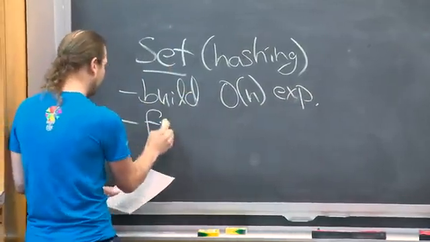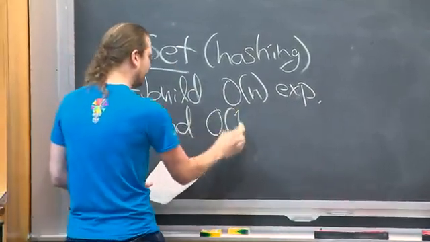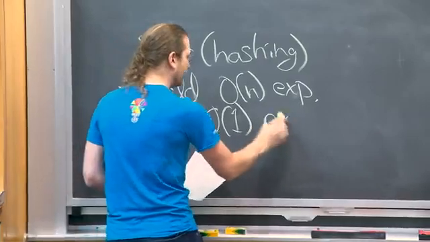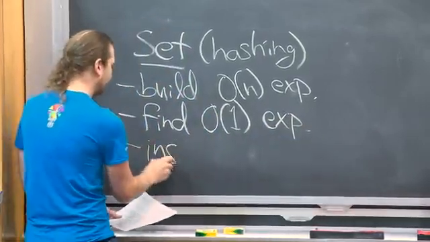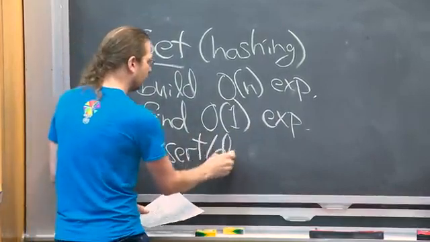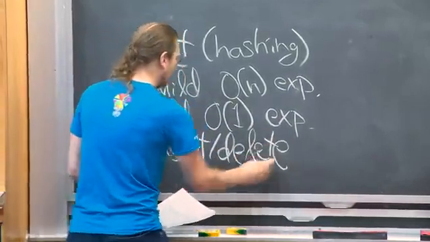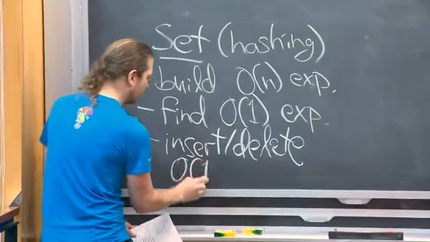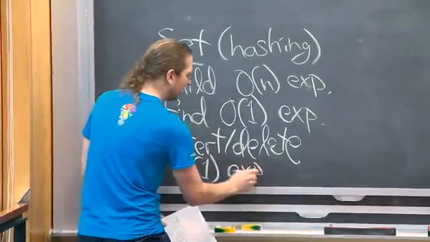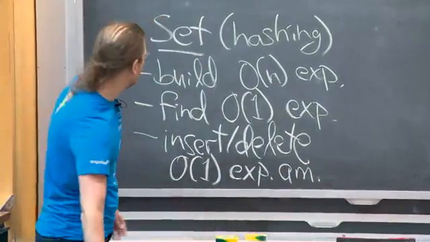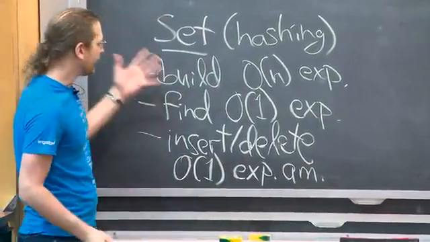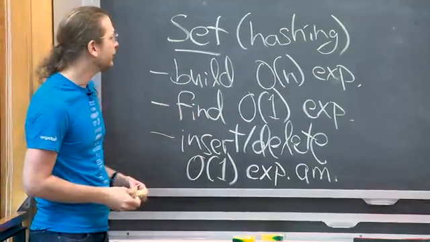We can build one in linear time, expected. We can find an item in constant time, expected, by key. And we can insert or delete an item in constant, expected, amortized. Okay, so this is a black box that we're given.